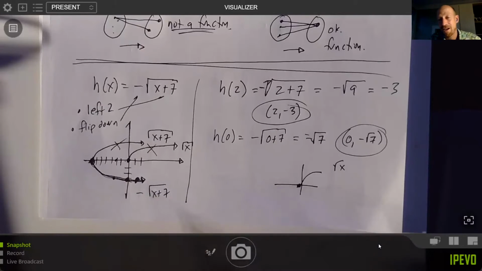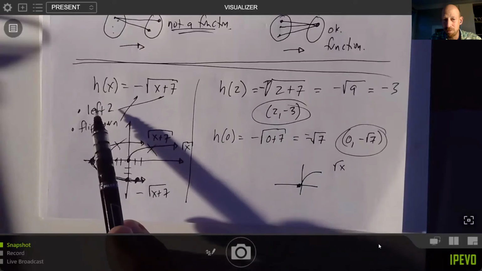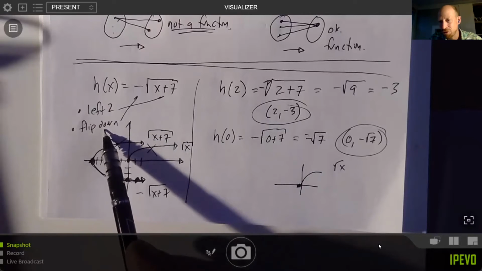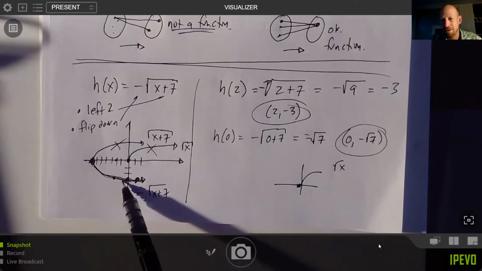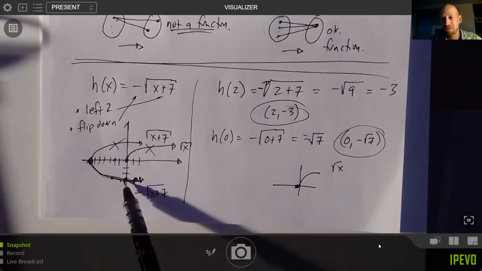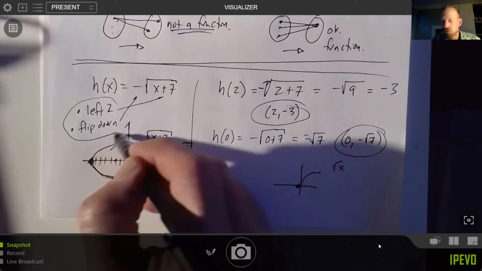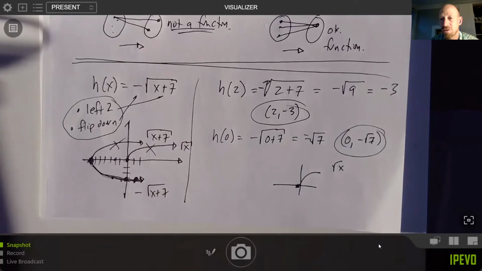If I know that you have the basic shape of the graph and you know how it's been moved, I'm going to give you credit for having the right graph, even if it's kind of mangled. But if you don't tell me how the graph's moved and it doesn't look right on the sheet, then I don't know if you actually knew or not. So this is what we would call listing the transformations, or saying what's been done to the graph. And I often ask you to do that when I have these kinds of problems.